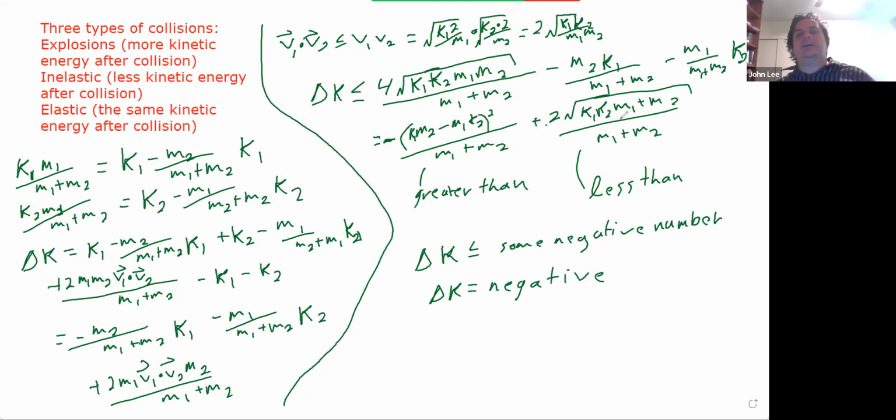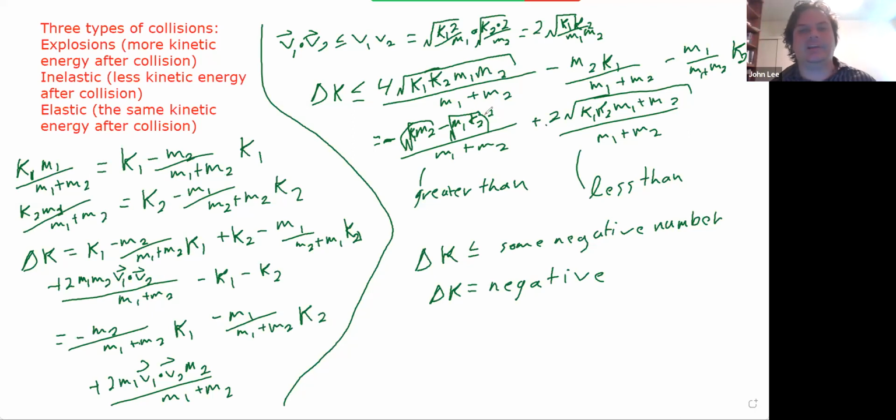And then the way that we can tell that this one is less than this is because this is a factor in K1 M2 minus M1 K2. So that's going to be equal to K1 M2 minus, and then it's the square root of these.